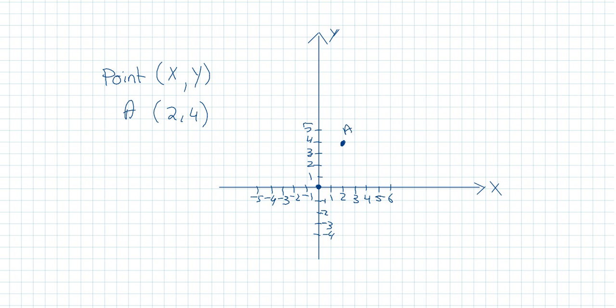How about if my point is (-5, 3)? So on the x, I have to go to -5, and then up to the 3. Is that where my point is? How about if I give you this point?